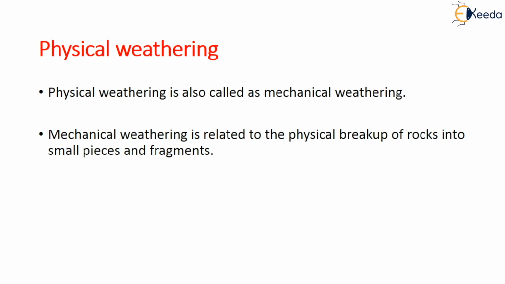Let us see what is physical weathering. This physical weathering is also known as mechanical weathering. This is the first point you have to remember. Mechanical weathering is related to the physical breakup of rocks, which are broken into small disintegrations or small pieces and also fragments.